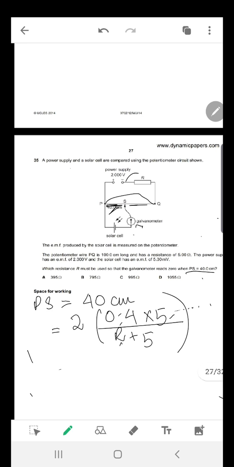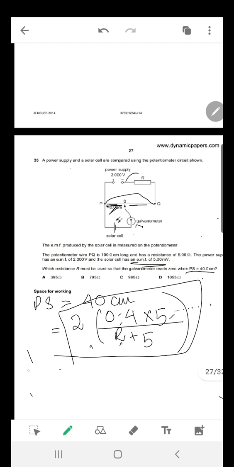When the EMF of the solar cell is equal to the potential difference given, the potential difference across the galvanometer will be 0. So by equating this potential difference to 5 millivolts, which is the solar cell's, you can extract R out of it.